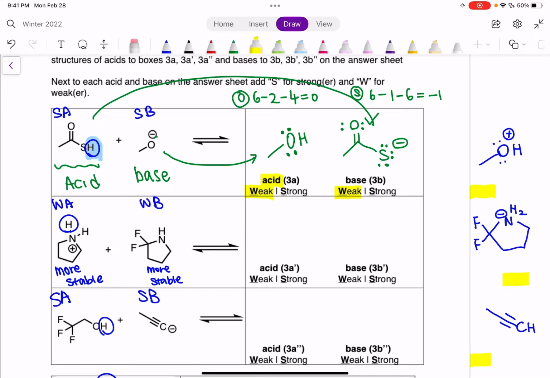Because the hydrogen right here likes to dissociate and give its proton to here, just to make the oxygen right here come to a neutral, 0 formal charge.